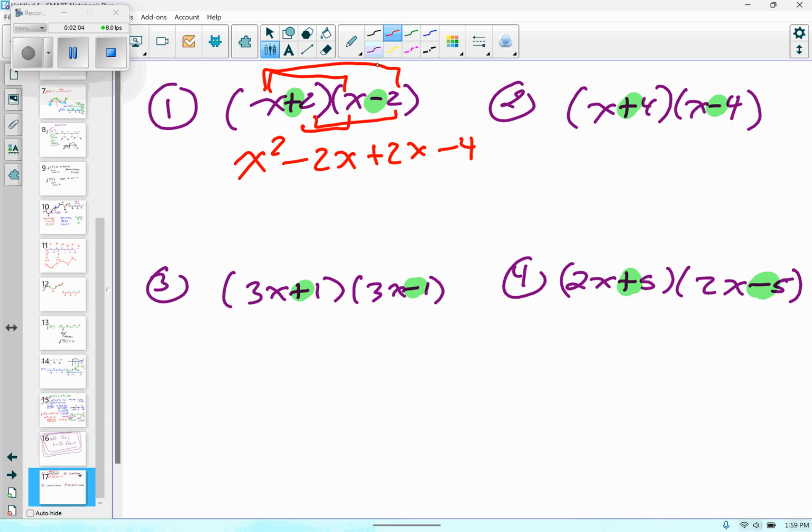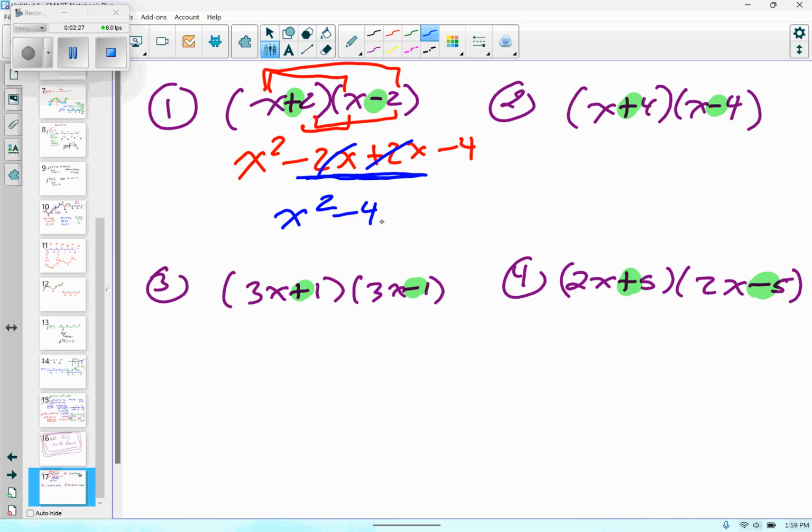What looks like might happen on this problem? What's going to happen with these middle terms? Yeah, they cancel each other out. All right. So that didn't just happen by accident. These are actually called conjugate binomial pairs. Right? Conjugate. What are we in Spanish or something? Or not conjugate verbs?